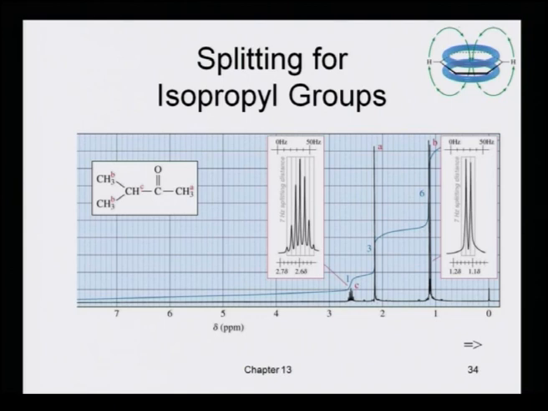Splitting for isopropyl group. If there is a compound like this with an isopropyl, it means there are 2 methyls attached to a CH methine, and that now makes it different.